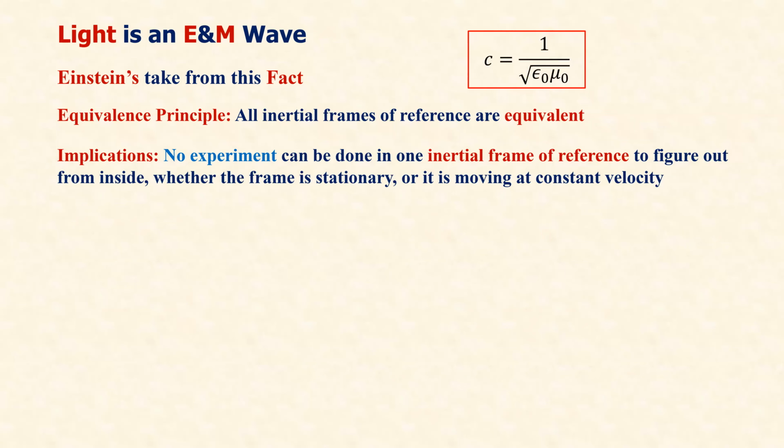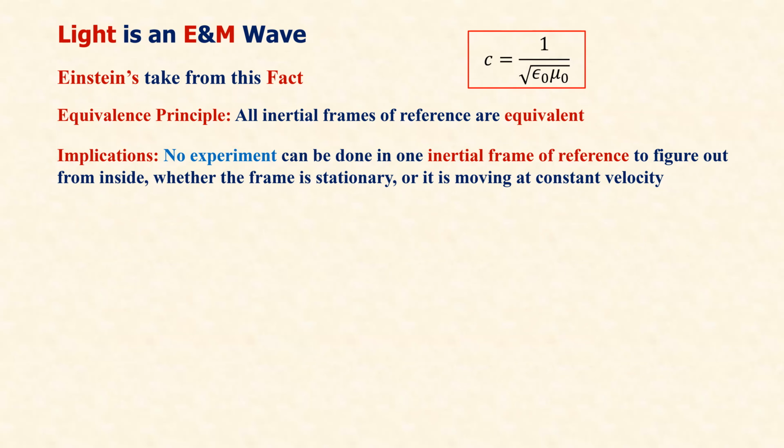Of course, suppose you are in a spaceship and there are no windows outside and you're moving at some speed. If you look outside, you see other masses, other things moving with respect to you. So you say that, okay, I'm moving. But if there's no window, how can you decide?